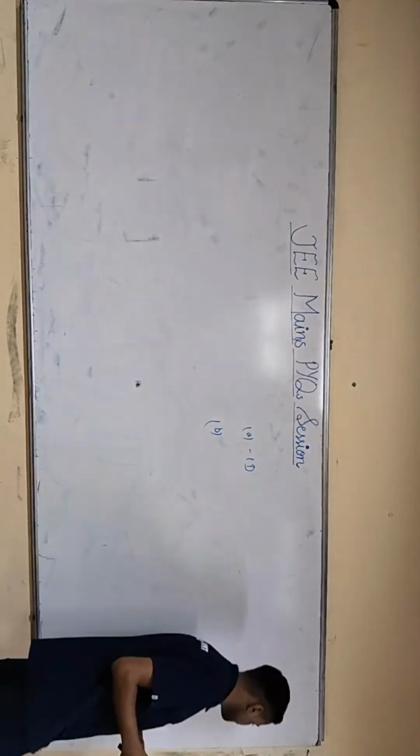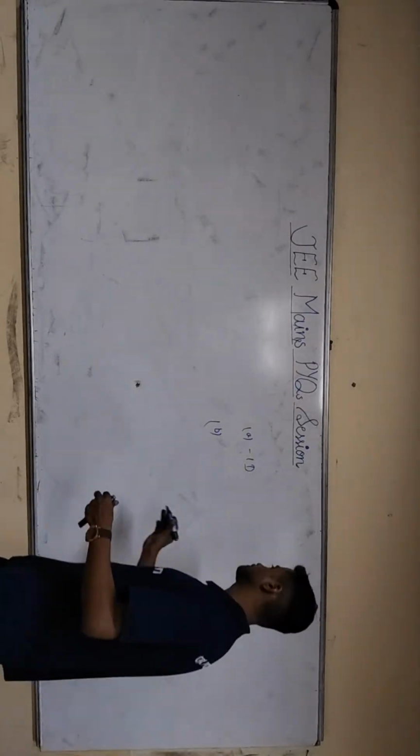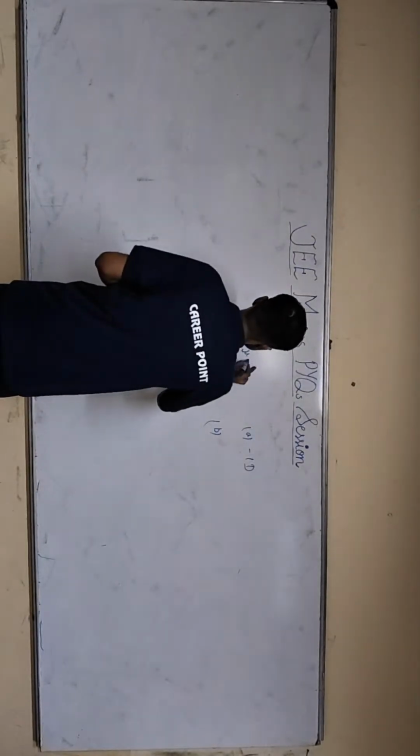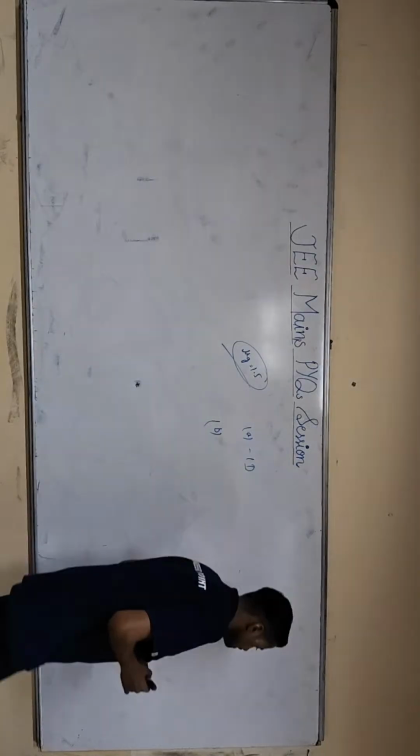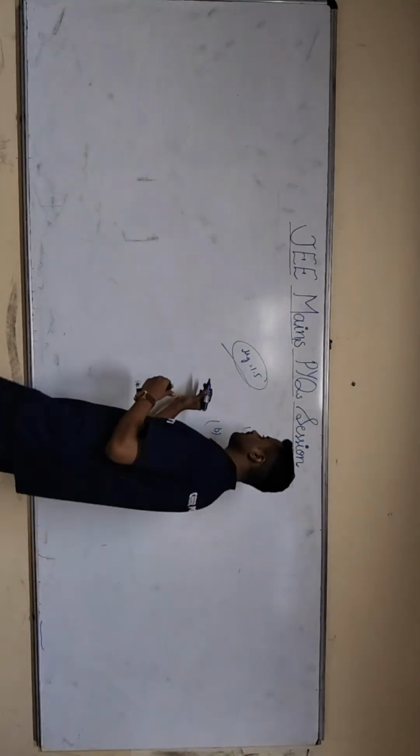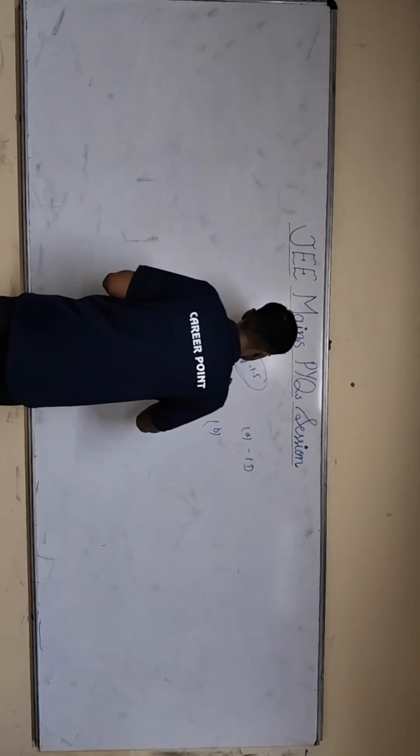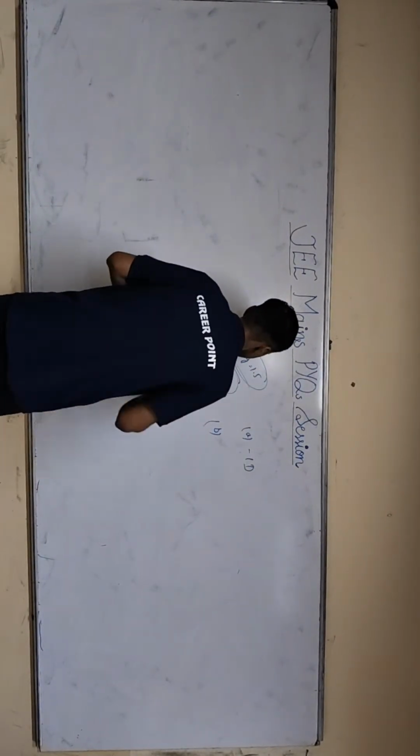I repeat the question once again. A thin glass with the refractive index 1.5. This is the refractive index of the glass, 1.5, and the optical power is minus 5 diopter in air.